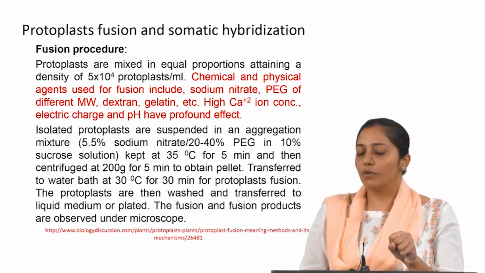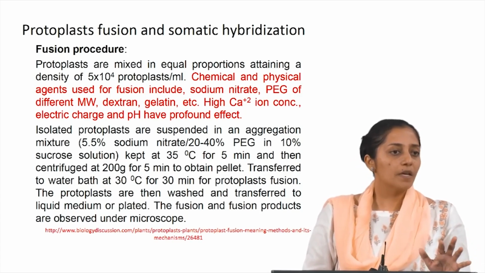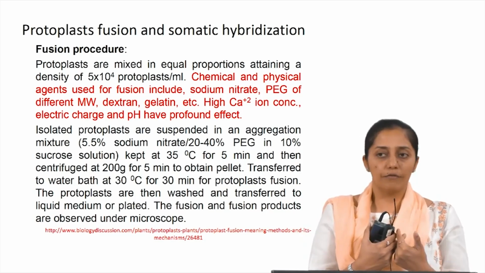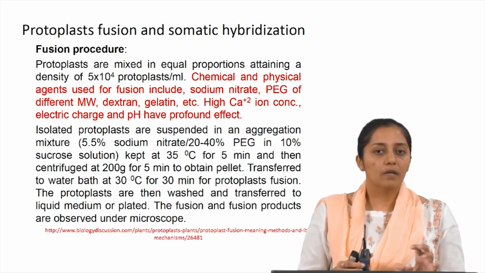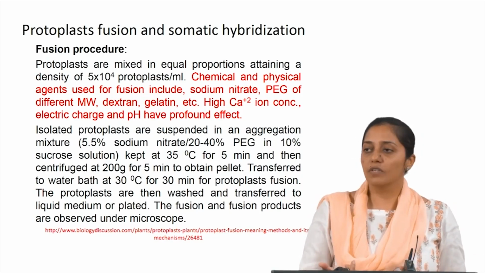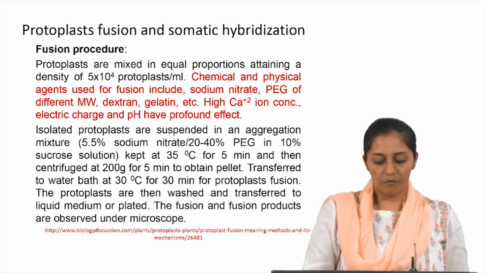Then it is left at 30 degrees C for some time for the fusion to happen. So you are facilitating the fusion, and then giving time for the synkaryons to form. Once the synkaryons have formed, you do the screening, and then change the media composition for them to divide and form cultures.